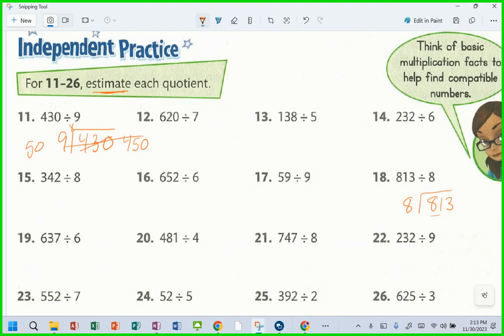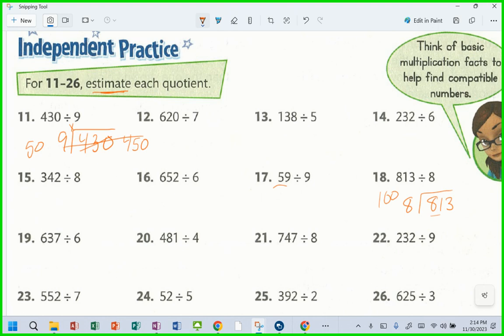How many groups of 8 do we need? We need 8 groups of 100. So that's about 100. How many times will that divide out? About 100.